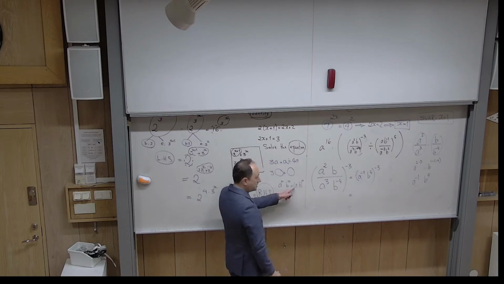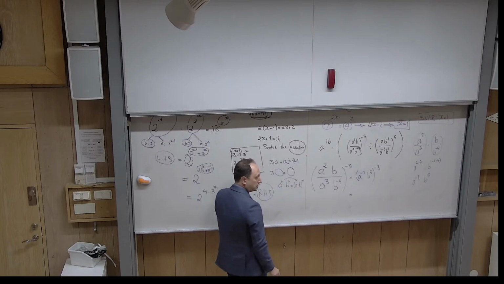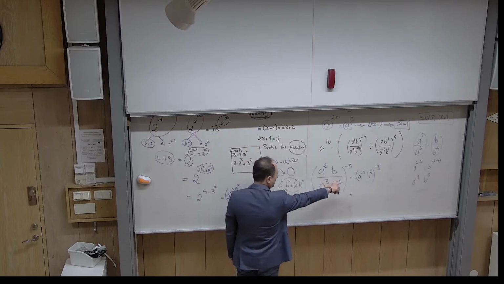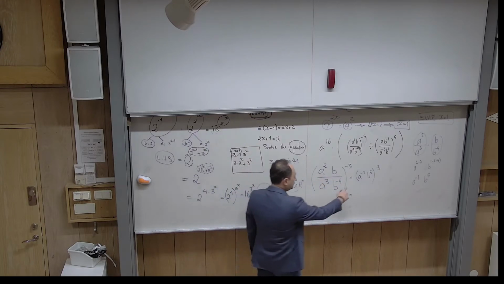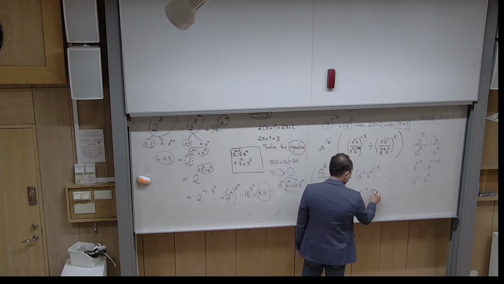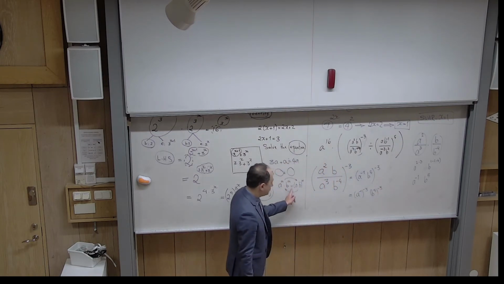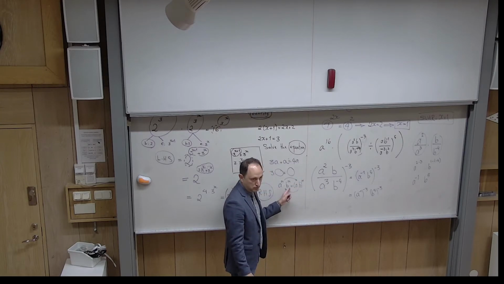So it means that sometimes I need to go in this direction, sometimes in the opposite direction. This is one of those problems where I go in the opposite direction. So I would write the number here to the power of minus 3 and the number here to the power of minus 3. I am using this rule in the opposite direction.